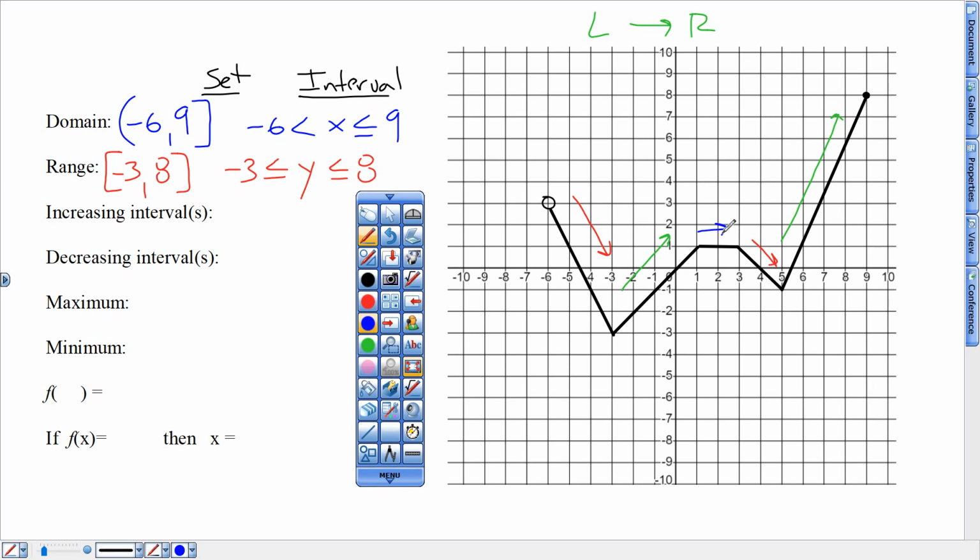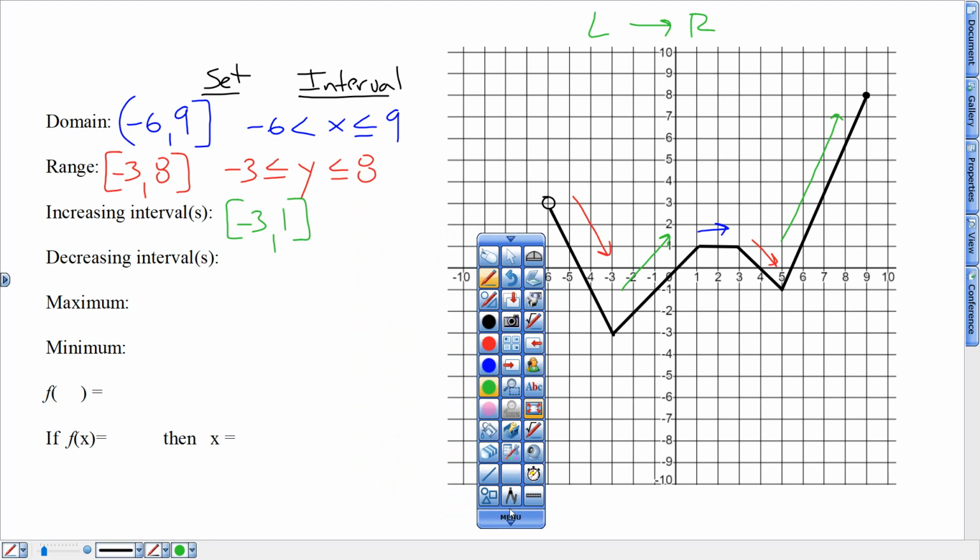So here we go. Increasing intervals goes from -3 square, and I'm just going to do set, from -3 square all the way up to 1 square. And if I have another interval, I have to list them both, from 5 square all the way up to 9, and those are both square brackets because those are solid data points.